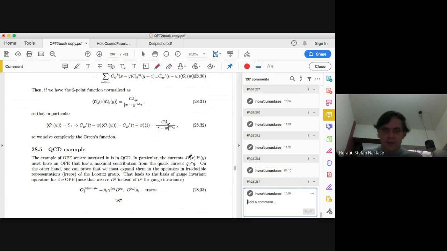Of course, if I write the OPE, the maximal contribution would be from the quark current Q bar gamma mu Q, right? So the product of two currents would have the maximal contribution from the quark current.